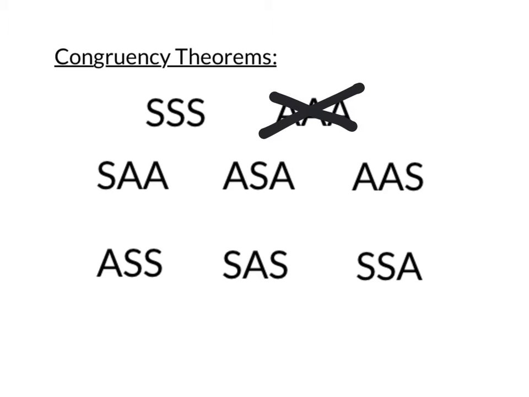Then when we're given one side, notice that we could have the side come first, in the middle, or at the end. Of course, side, angle, angle, and angle, side, side are the same thing, so I'll forget about that one. And when it comes to angles, that angle can come in the beginning, in the middle, or at the end.